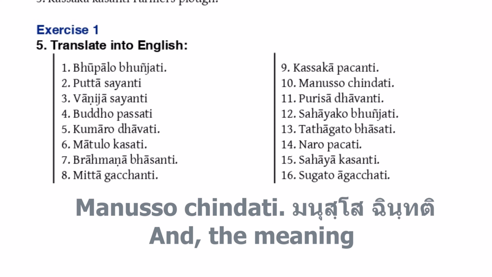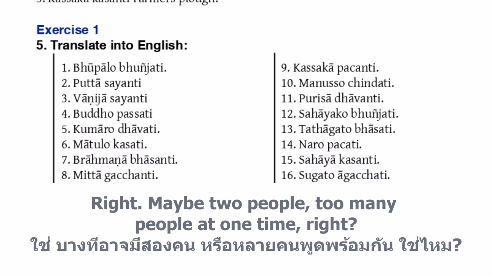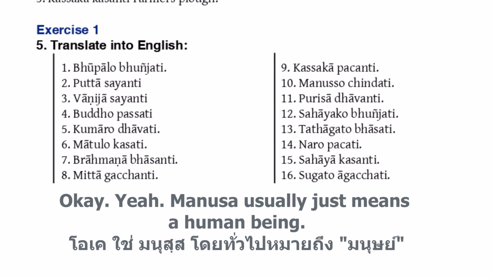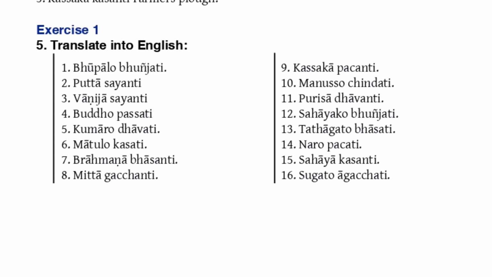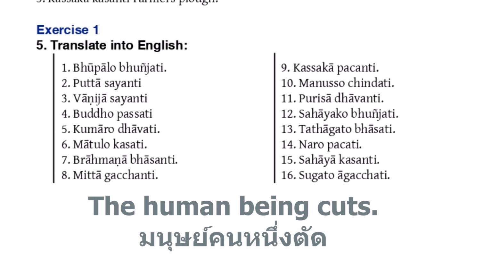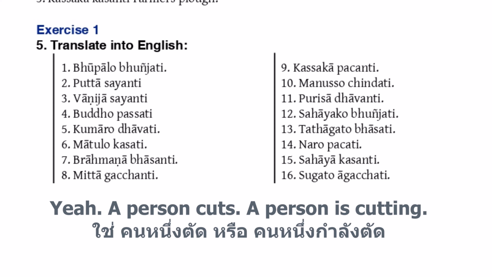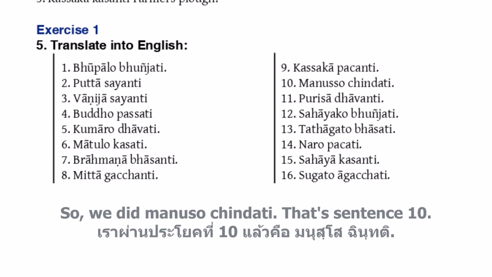Manusso chindati. And the meaning? Somebody want to try? Right. Manussa usually just means a human being. It's sort of gender neutral. The human being cuts. Or you would say a person cuts, a person is cutting. Okay, so we did Manusso chindati, that's sentence 10.